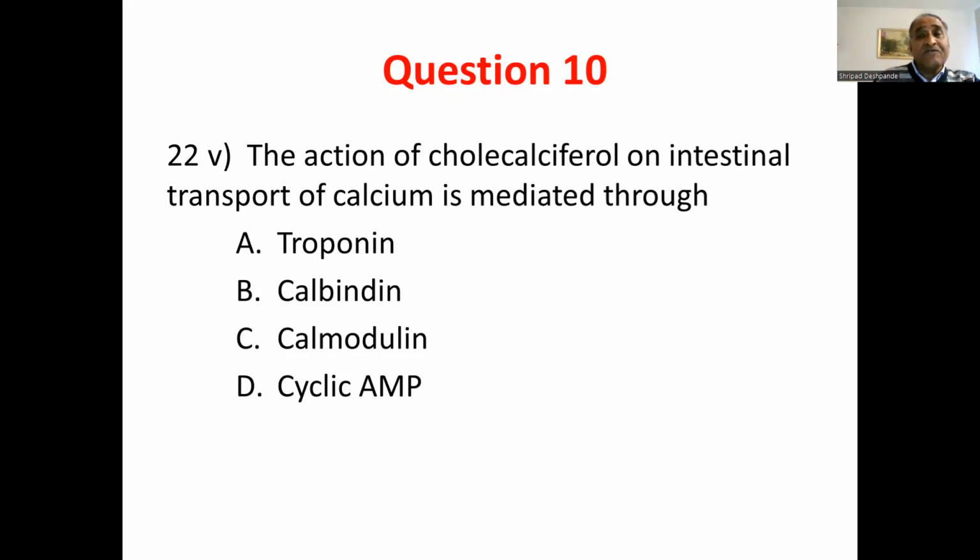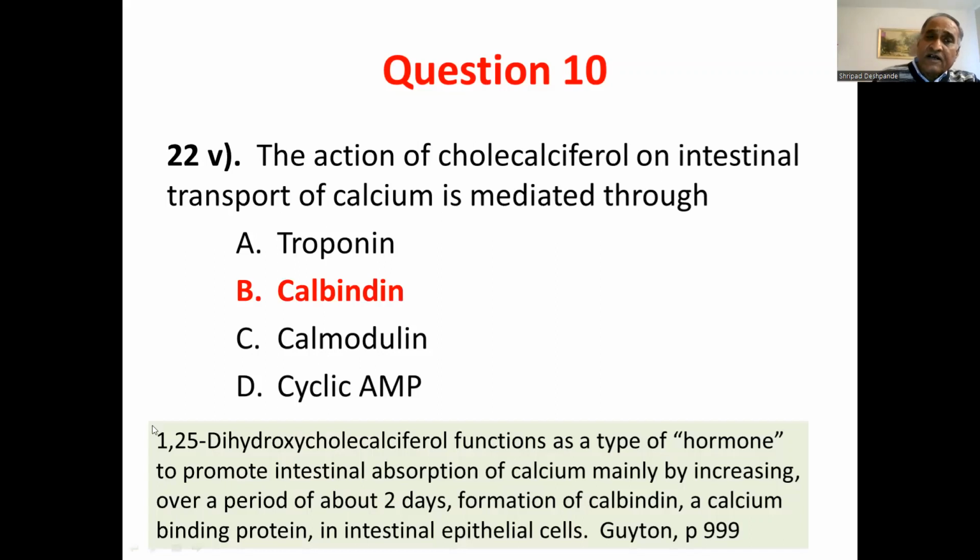Then in the kidney, it becomes 1,25 dihydroxycholecalciferol. That becomes a potent one, maybe 1,000 times more potent than the others.